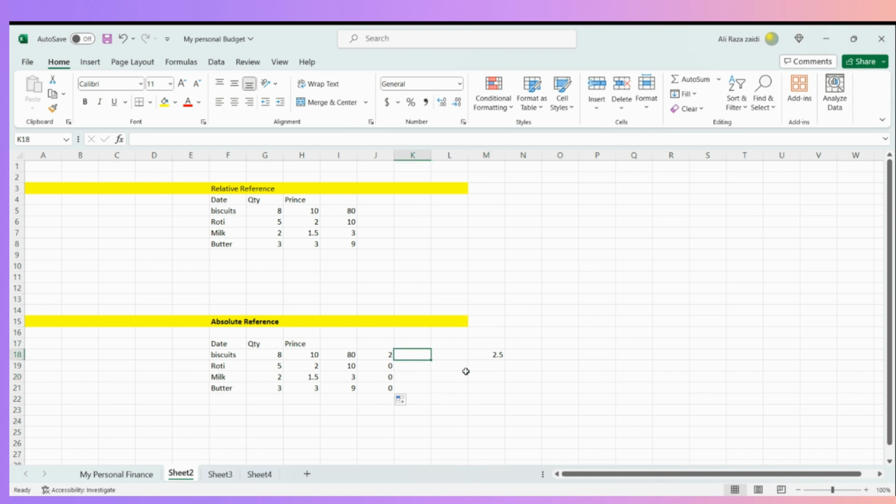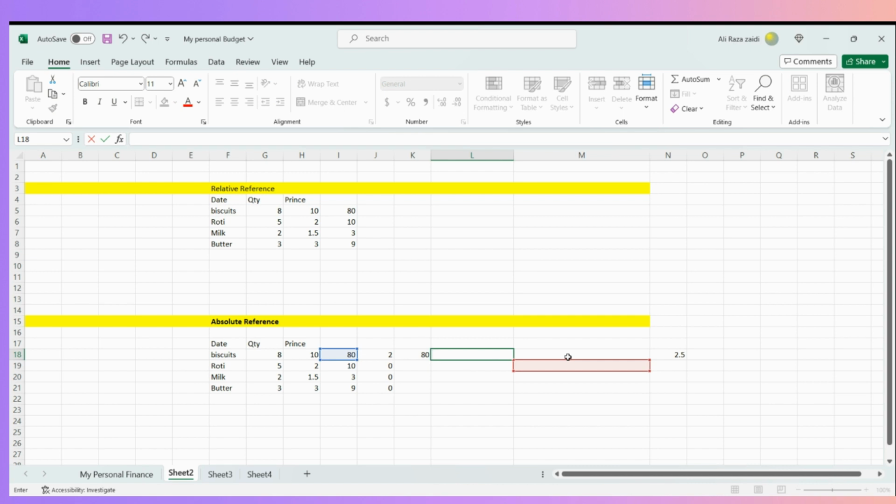I am rewriting this same formula: equal to start bracket I18 multiplied by what is here, equal to dollar sign M, and then again a dollar sign, and then it's the 18 cell.